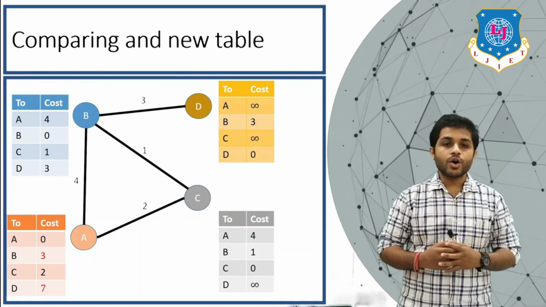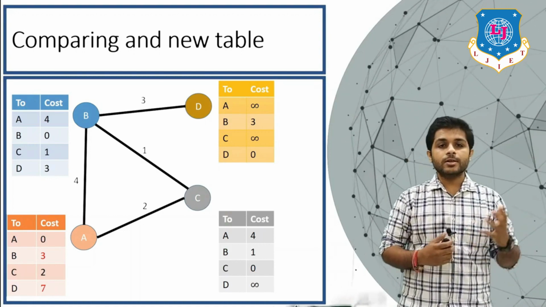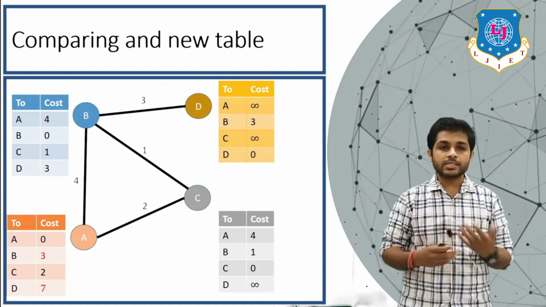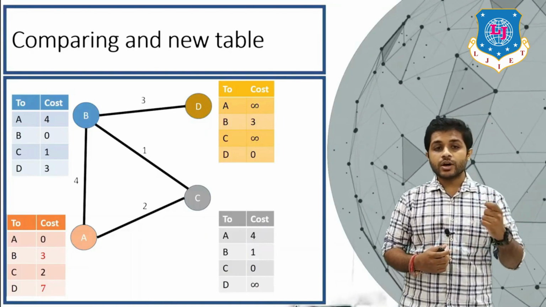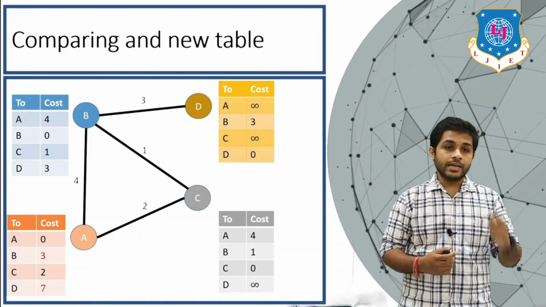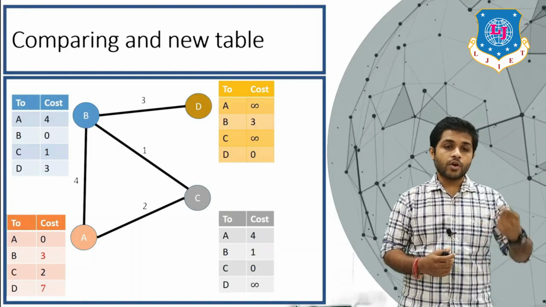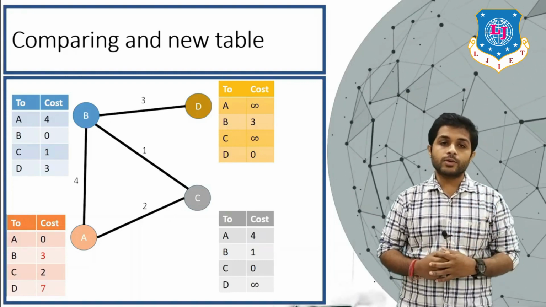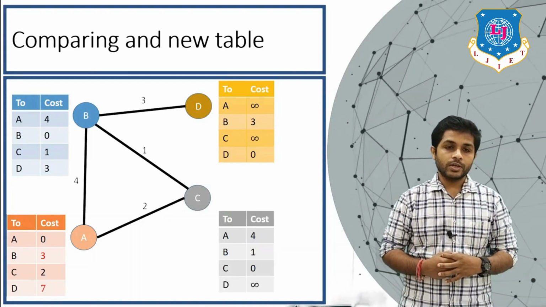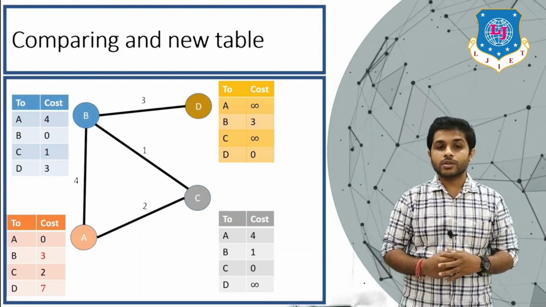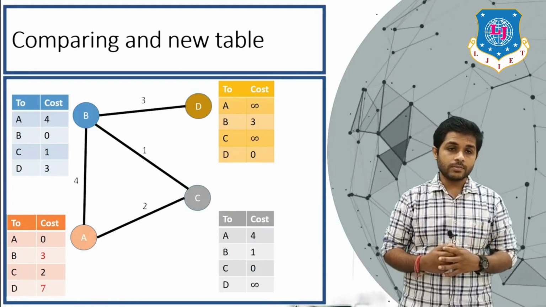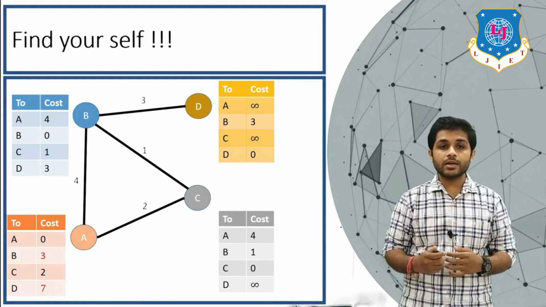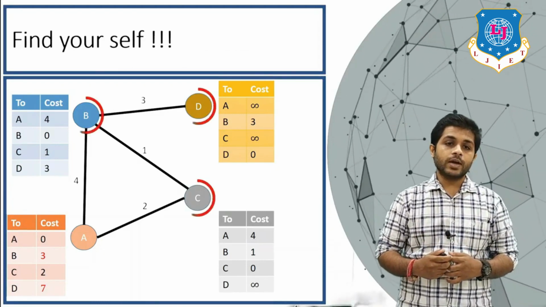So this is how all the routers will receive the tables, and they will make some calculations, and after that the entries in each router's table will indicate the minimum distance from itself to all the routers. Okay, so we have calculated the minimum distance from device A only. Now for the remaining routers you need to find it by yourself.